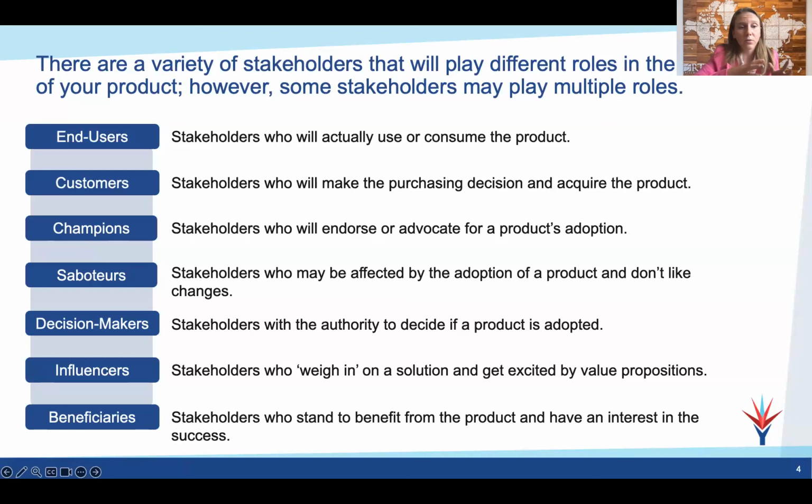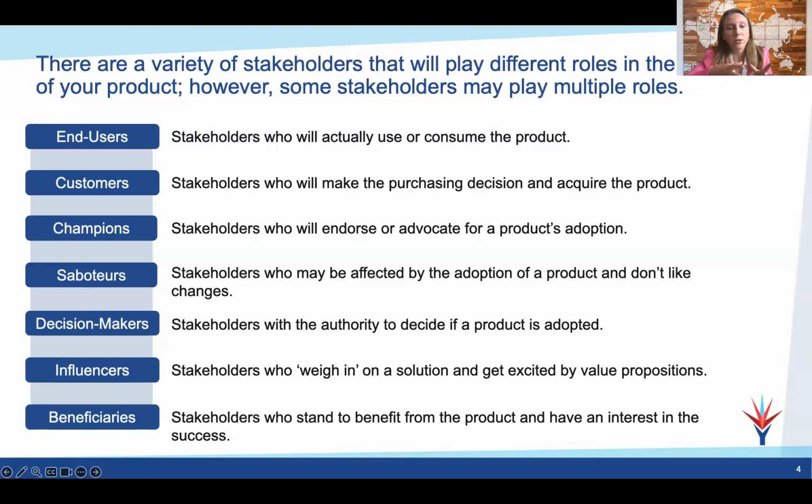Now, this type of stakeholder role is very similar to champions. Champions are advocating for a product's adoption. Influencers won't necessarily be directly advocating for the adoption of a product, for example, in a hospital system, but they'll still weigh in on that adoption process, be important to promote the importance of why it should be adopted, and they'll typically be very excited by the value propositions of your product.